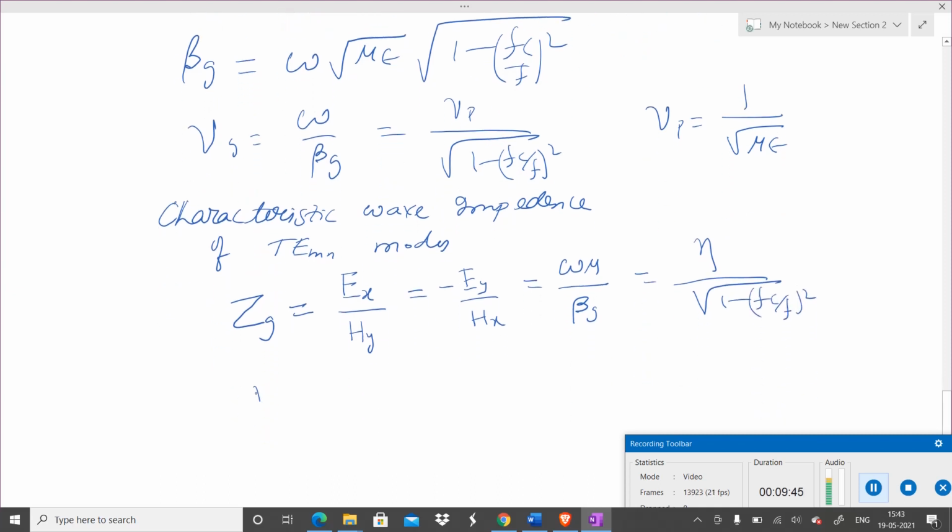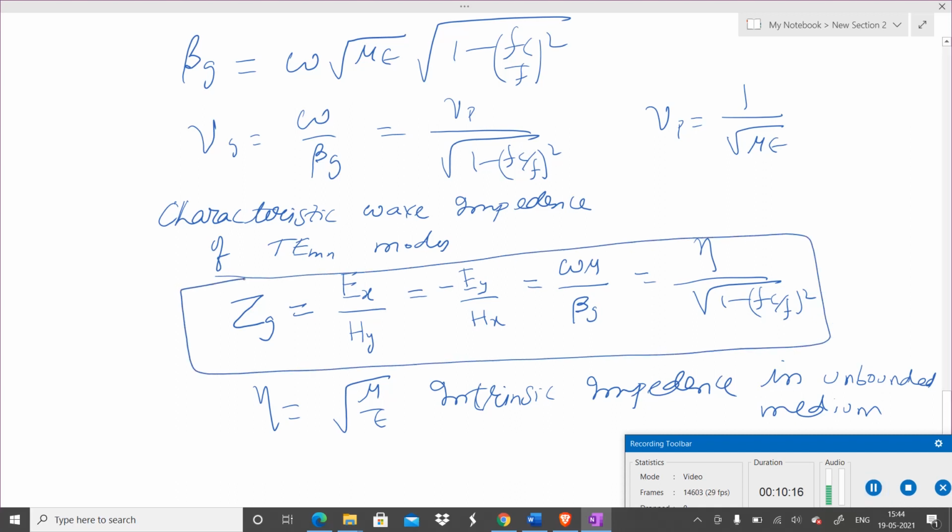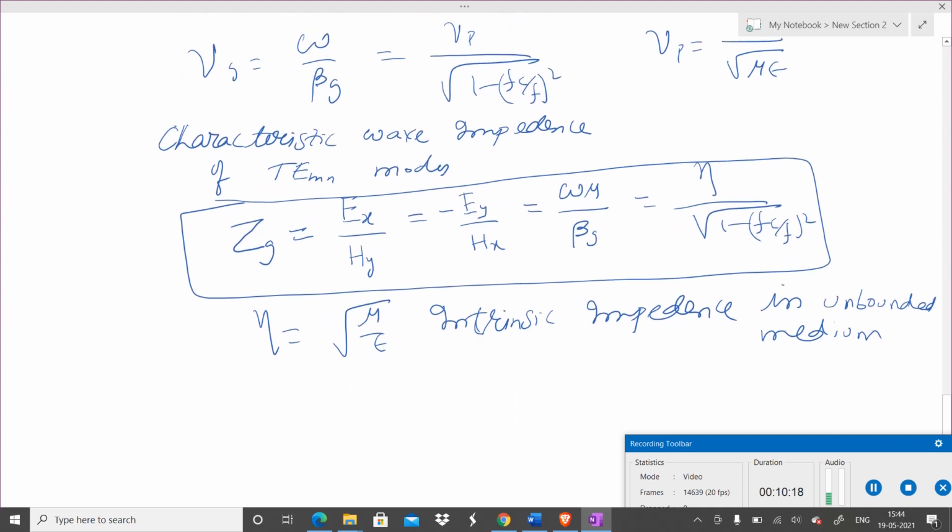You recall that eta is the intrinsic impedance, under root of mu over epsilon, in an unbounded medium. It means that when the same electromagnetic wave was propagating without any waveguide, eta is its intrinsic impedance, but when it is confined to a waveguide which has a particular cutoff frequency, below which it will not allow the EM wave to propagate, its impedance changes like this.